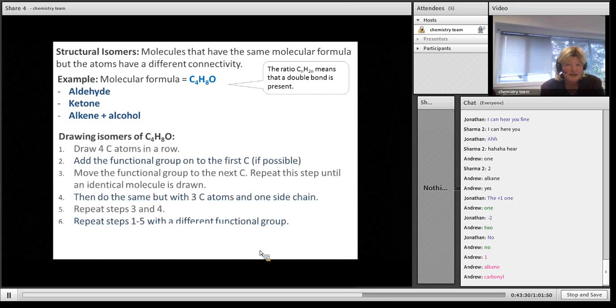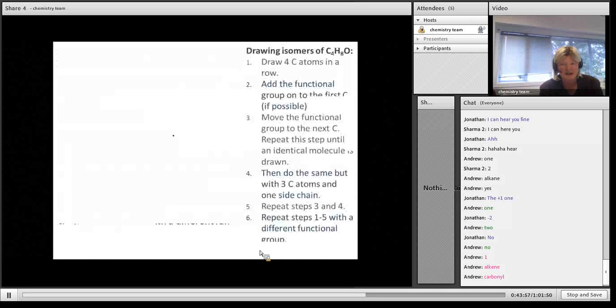Now, these 6 different steps, I'll repeat again, but basically you draw your carbon atoms in a row, just like in drawing a compound, draw the functional group, and then you just keep on moving that functional group along until you get a repeated molecule, and then you try it with a different functional group, and so on. So those rules will come up again, there they are, and now we'll go step by step.